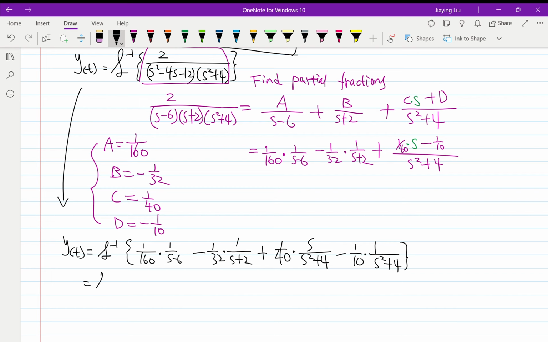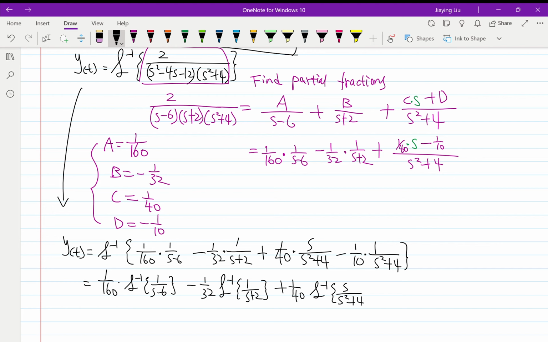So that will be 1 over 160 times inverse Laplace of 1 over s minus 6, minus 1 over 32 inverse Laplace of 1 over s plus 2, plus 1 over 40 inverse Laplace of s over s squared plus 4, and then minus 1 over 10 inverse Laplace of 1 over s squared plus 4.